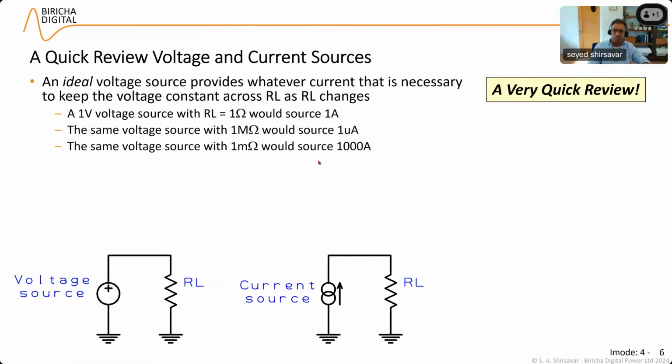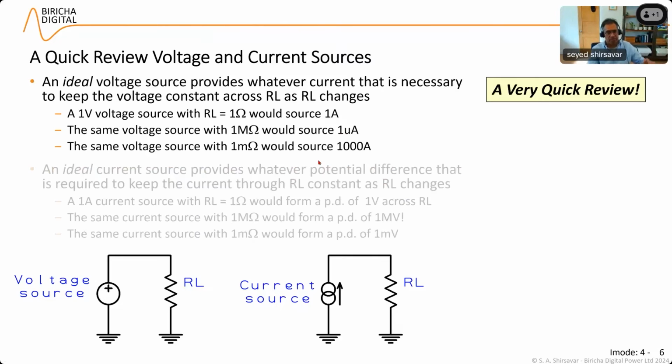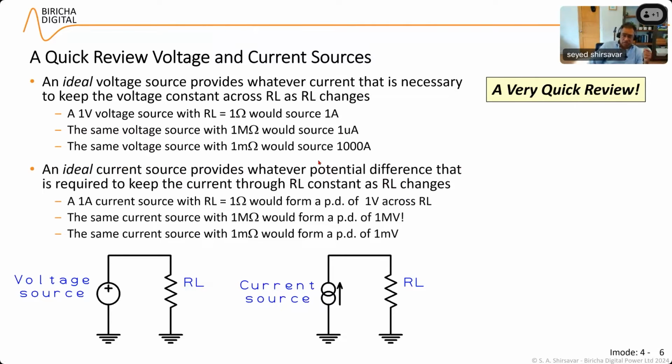That's voltage source done. We do that a lot, and we're comfortable with that. An ideal current source provides whatever potential difference is required across your load to give you the defined current. For example, if you have a 1 amp current source and your load resistor RL is 1 ohm, the current source will create a potential difference across RL of 1 volt to give you 1 amp.